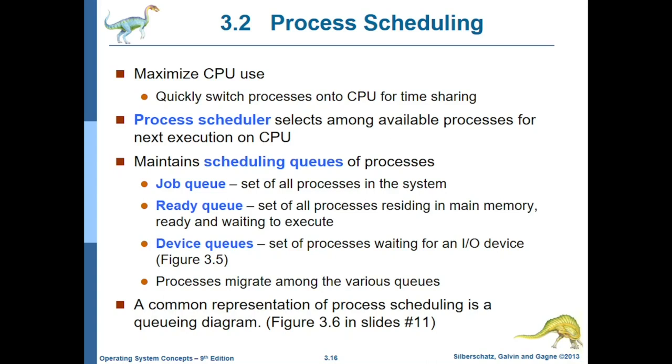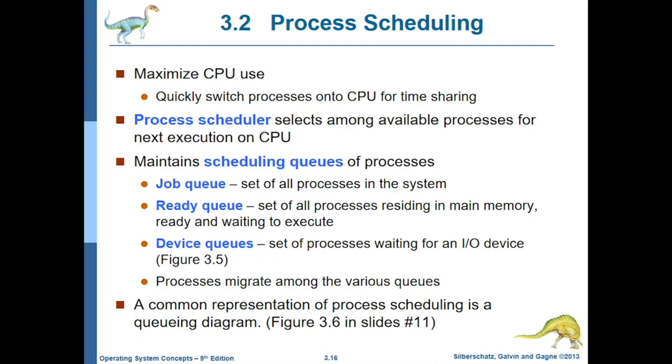Figure 3.5 in the textbook shows an example of these queues and how they are related. Processes can move from one queue to another depending on their state and events that occur in the system.